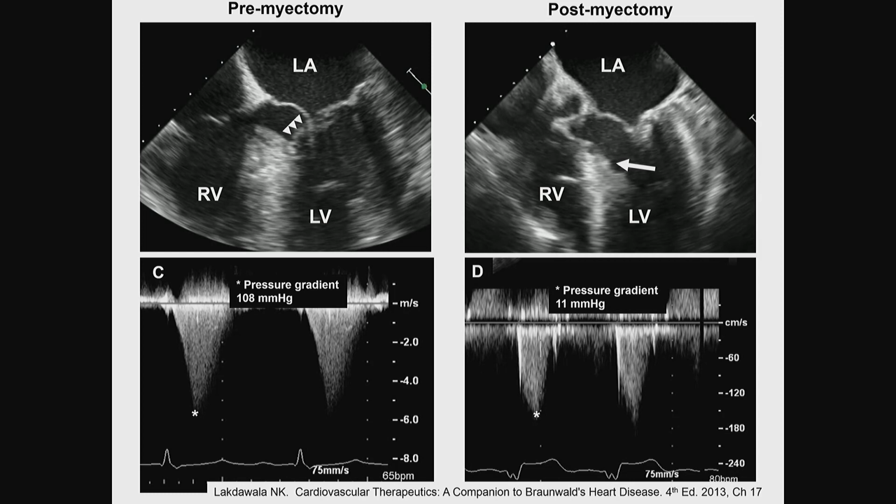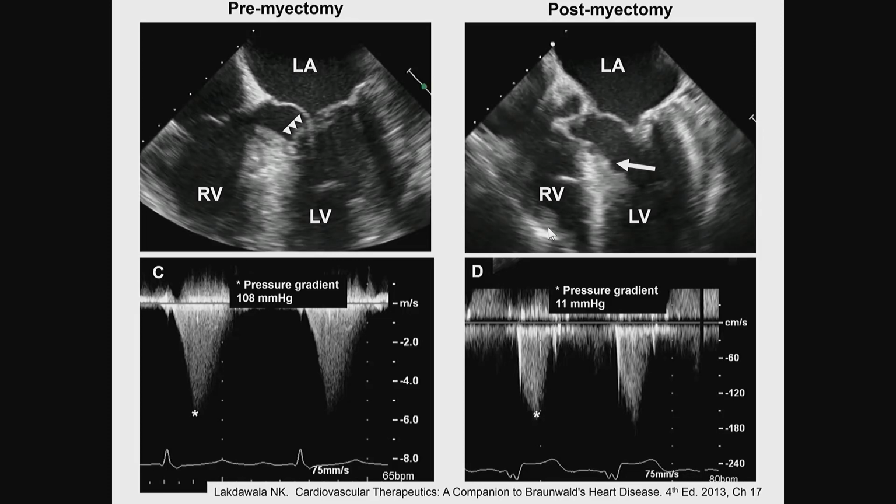The 2D images on top, taken from transesophageal imaging, reveal SAM, or a contact between the anterior mitral leaflet and the thickened interventricular septum during systole, as highlighted by the 3 arrows here. This is associated with severe outflow tract obstruction with a gradient across the left ventricle through the outflow tract exceeding 100 millimeters mercury.